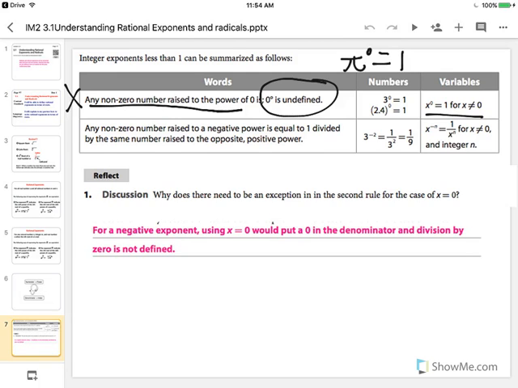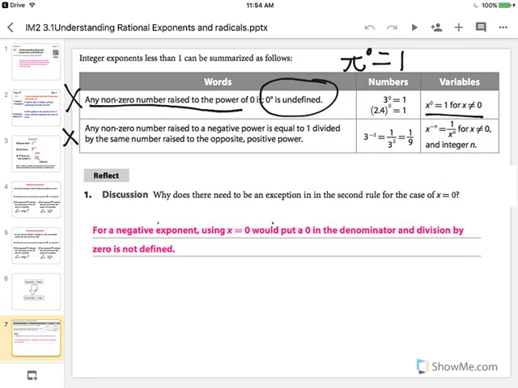Let's go on to the second part. Any non-zero number raised to a negative power is equal to 1 divided by the same number raised to the positive power. An example here: 3 raised to the negative 2 is equal to 1 over 3 to the second power, or 1 over 9.